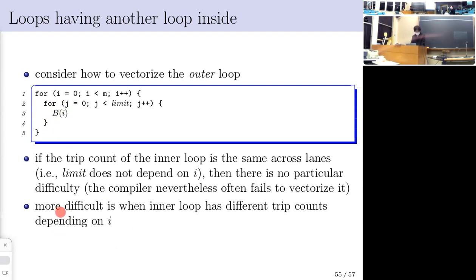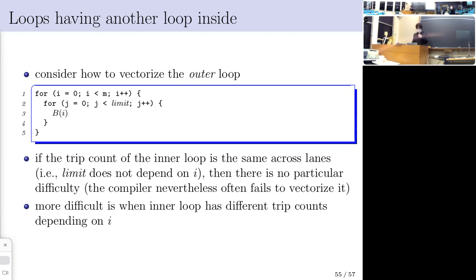The more general and more difficult case is when this inner loop has different trip counts depending on I. So for example, for I equals 0, this limit is 3, and for I equals 1, this limit is 5. Then you need a vectorized code in which this particular lane executes only 3 times, and the next lane executes 5 times.